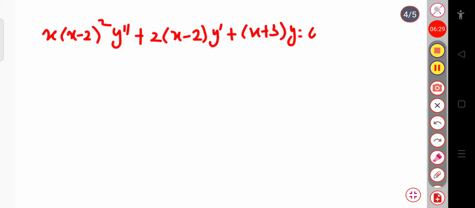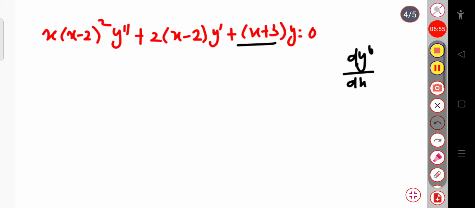Now in this equation, y power 0 means it is the 0th order. Something to the power 0 is 1. So y power 0 means order 0.